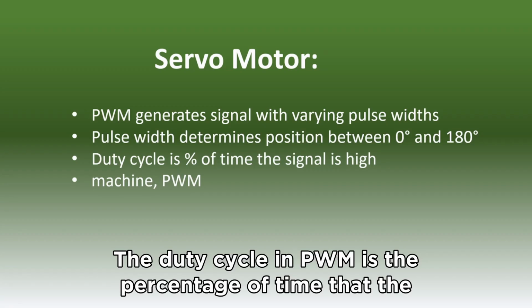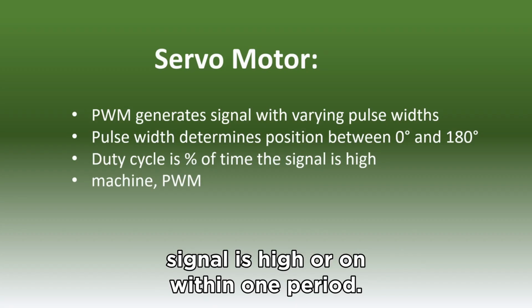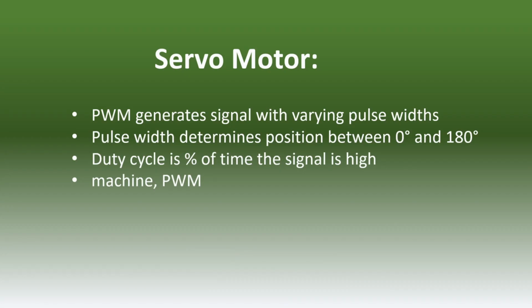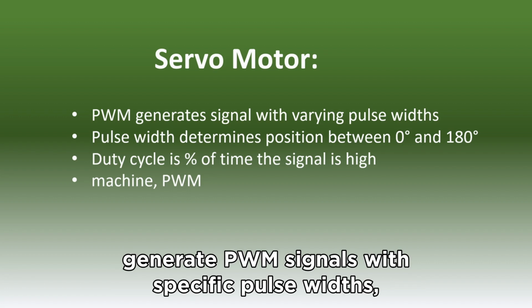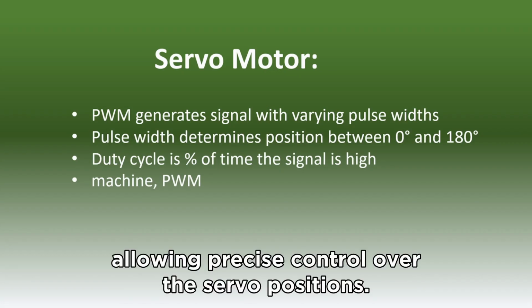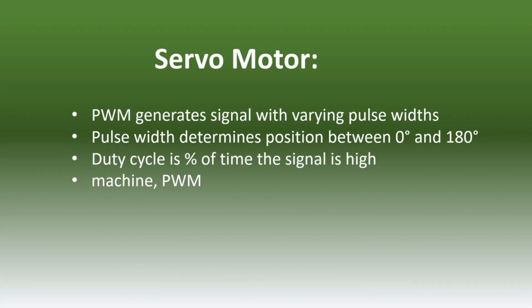The duty cycle in PWM is the percentage of time that the signal is high or on within one period. And we use the module and classes machine and PWM to generate PWM signals with specific pulse widths, allowing precise control over the servo positions.